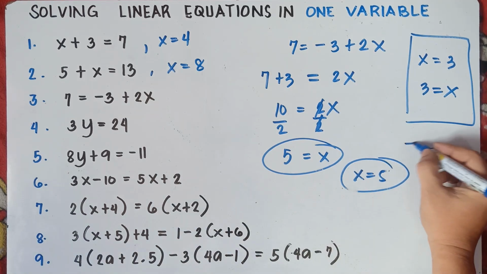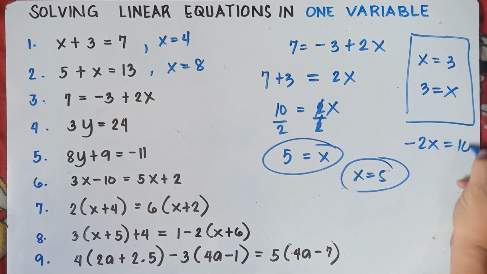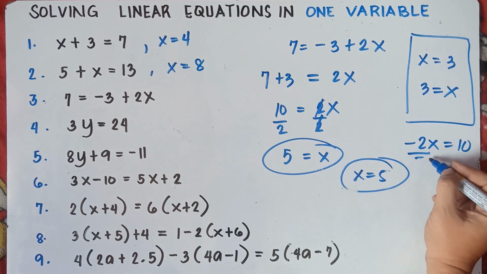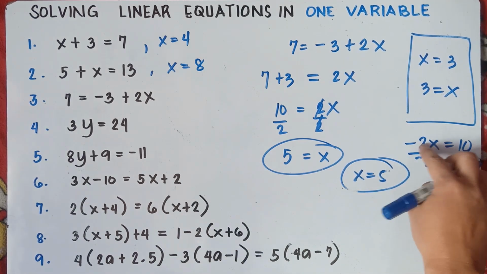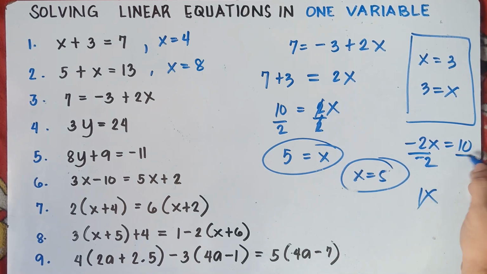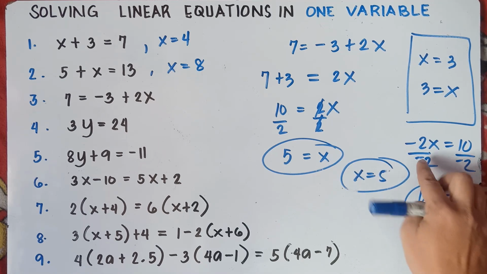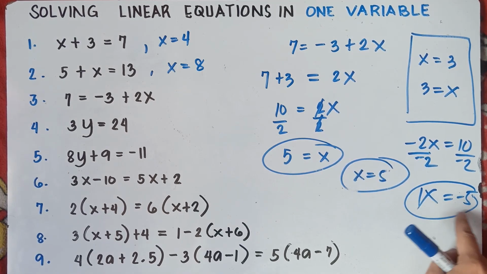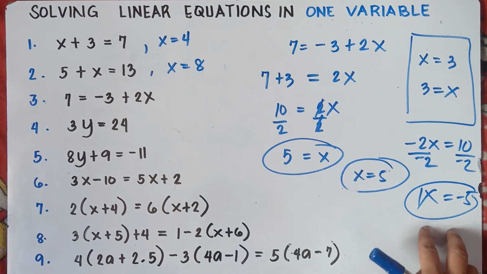That's why if you have negative 2x is equals to 10, you always divide this negative 2x by negative 2. Because negative 2 divided by negative 2, that's positive 1x. Then divide both sides by negative 2, this will be negative 5. So that's why you always have a positive x, but for the value, it could be negative or positive. I hope you understand that one, class.